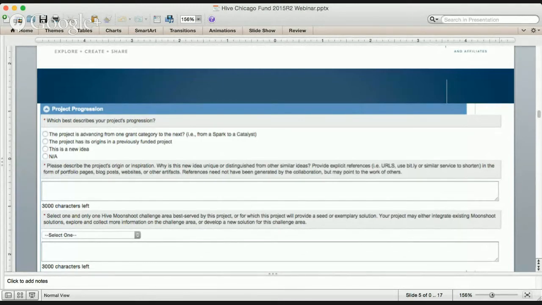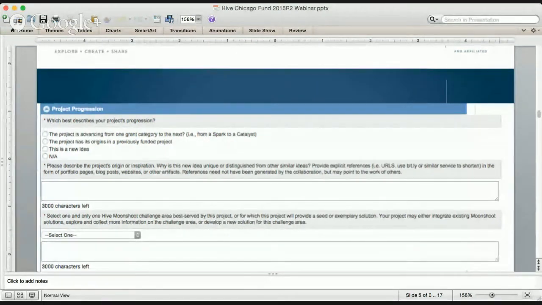And the beauty of this is that, as you know, we have these word limits. If you were to try to describe where the previous work is coming from and what you're building off of, you would probably need to use a lot of words, a lot of characters. So by using links and references, we're able to actually see what you're referring to, and you're not using up all your characters.